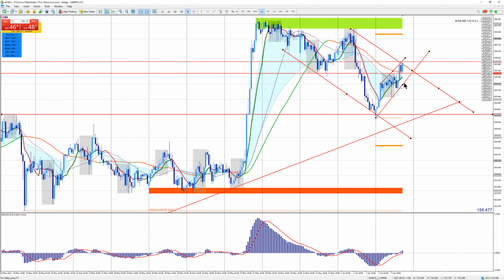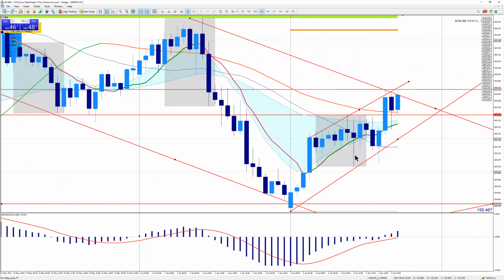These averages are coming together, right? So we may get that breakout up and then eventually take out this high over here. But as I said, from this morning's price action, you can see it's definitely been trending up on a 15-minute basis. There's no question about that.